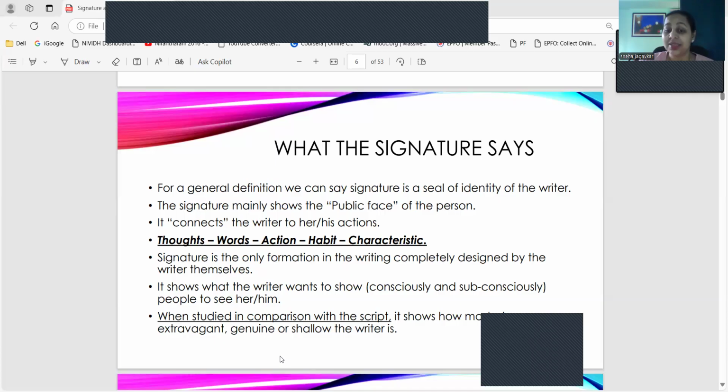Now, as I've earlier said, always, always, there's an 80 and 20% weightage for content and signature. That is how it works.